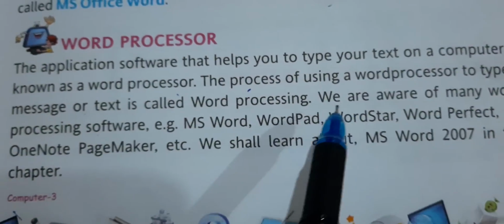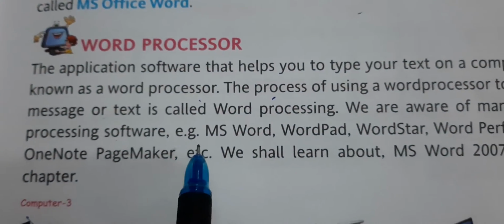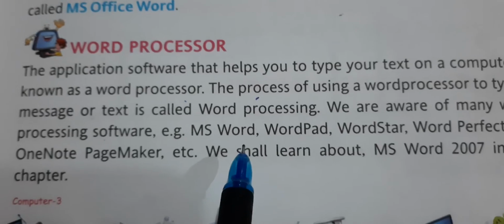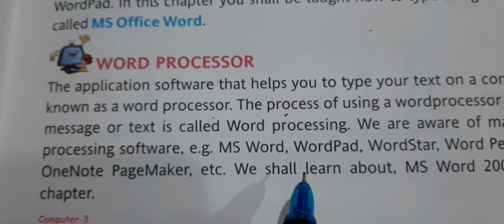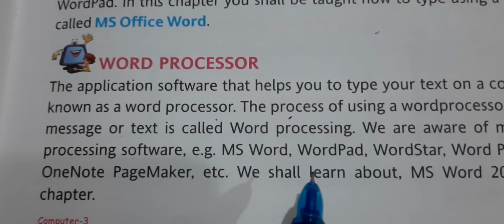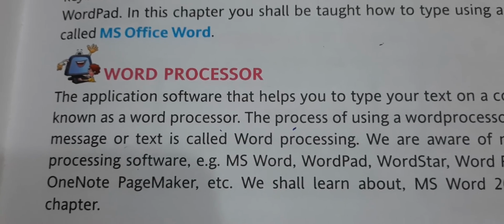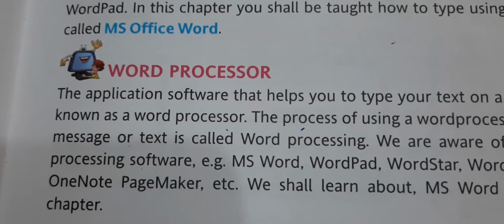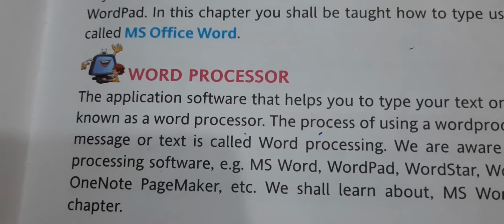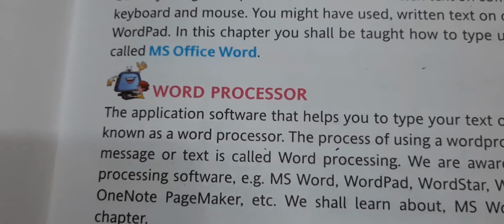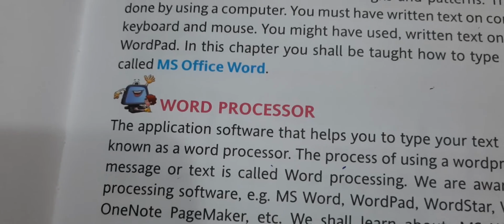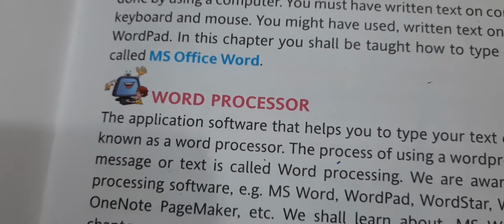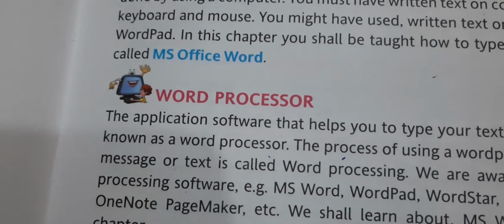We are aware of many word processing software. Example, MS Word. If you are not aware, then these are the names of various word processing software. We will be studying about MS Word. It doesn't mean that not many other softwares are available. Just like if you have a specific car at home, it doesn't mean that there are no other cars in the market or with other people.